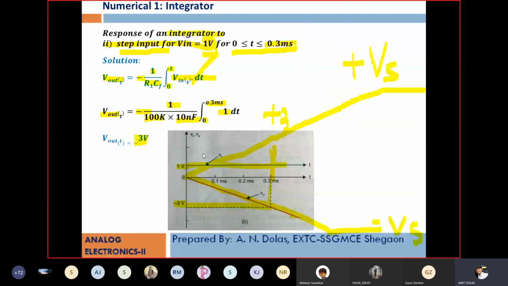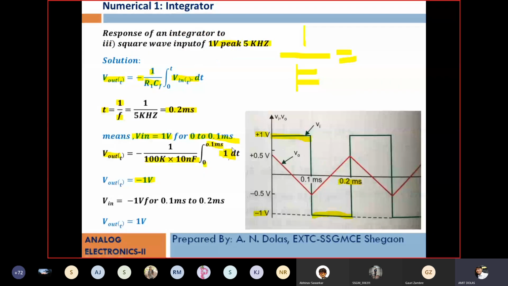Similarly, you can see here Vout will be -1 volt for 0 to 0.1 millisecond, and if you go for -1 volt, that is from 0.1 millisecond to 0.2 millisecond, means from this point to this point, then it will be +1 volt.